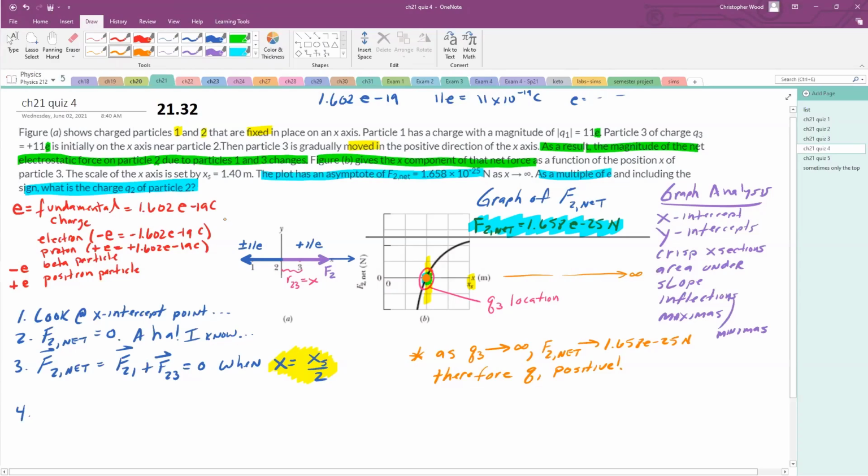So then I'm going to just say, aha, based on all this conversation, Q1 is plus 11 E. I know that from the graph and this conversation I'm having in my head here. So Q3 is positive, which means Q1 is positive, which means Q2 must be negative.